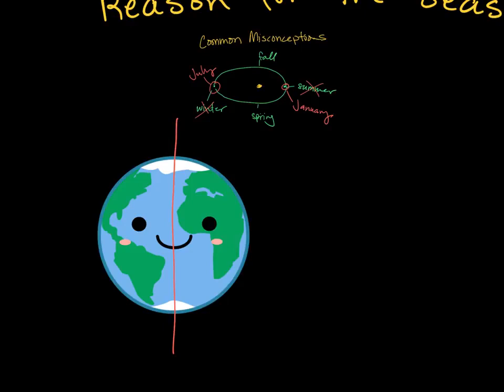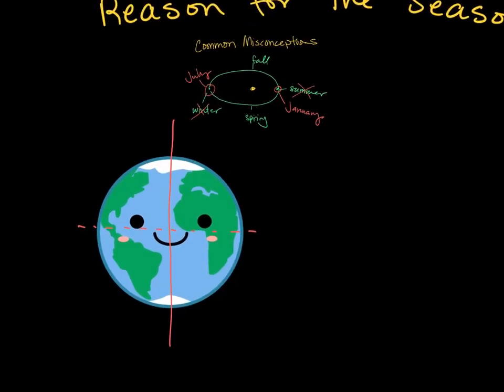We've got an equator going along this way, and the Earth isn't perpendicular to the sun in this way. We're actually tilted at an angle of 23.5 degrees.